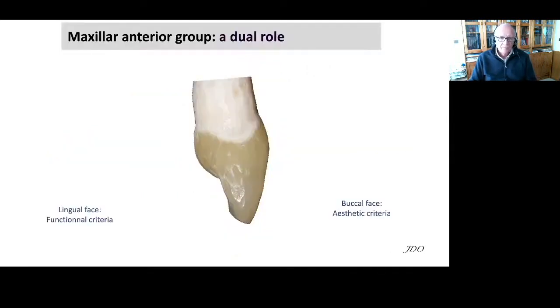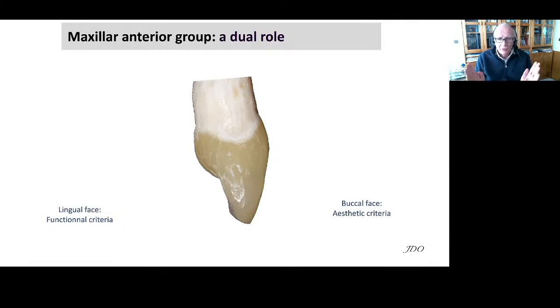But the maxillary anterior group has a dual role. The buccal face is concerned by aesthetic criteria. The lingual face is concerned by functional criteria.